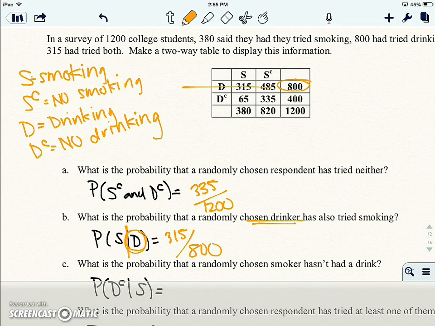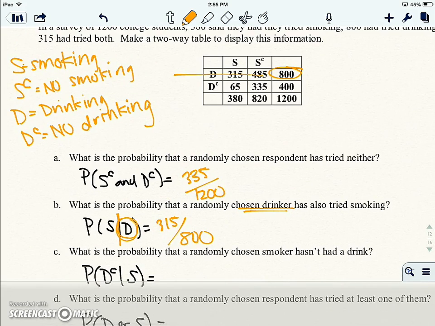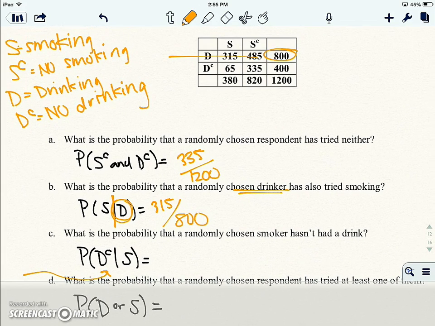And this one is the probability of not drinking given that you smoke. There are 380 smokers, and of the 380, 65 don't drink.